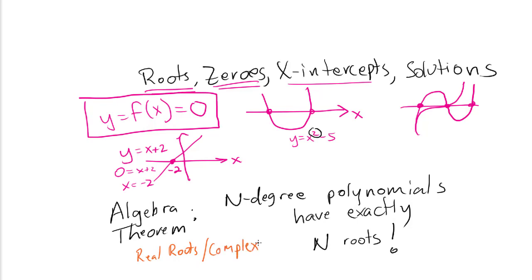So I don't always have n intersections with my x-axis. I'm going to have at most n intersections, and I could have some measure of complex roots, which come in pairs as well. So there could be no real roots. There could be a combination or mix of real roots and complex roots, or entirely real roots, and we'll have to figure that out. We'll see how that works in the case of quadratics as we proceed.